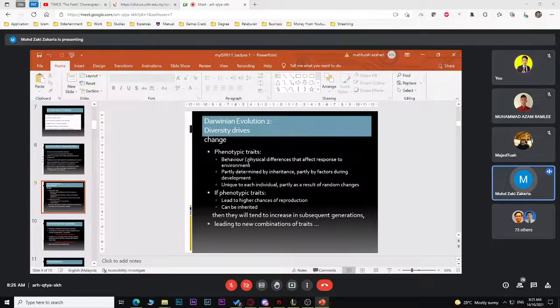Phenotype means the behavior or physical differences that affect response to the environment. It is partly determined by inheritance, partly by factors during development and unique to each individual, and partly as a result of random changes. And phenotype also leads to new combinations of traits.